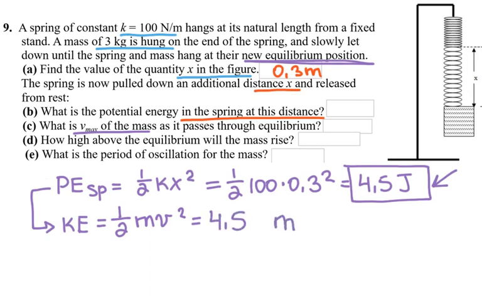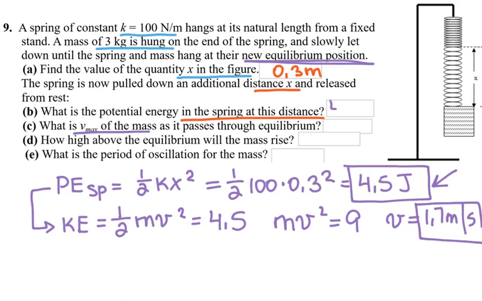That means m v squared is equal to 9, and v is going to be equal to 1.7 meters per second, because the mass is 3 kilograms, so I divide both sides by 3, and then take the square root of 3, which gives me 1.7. So here I had 4.5 joules, and I have 1.7 meters per second.